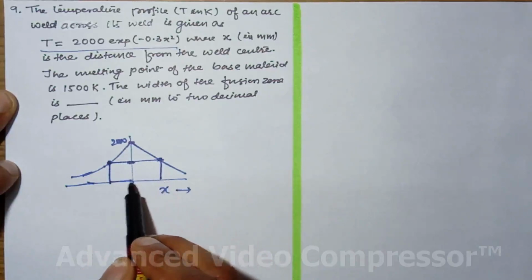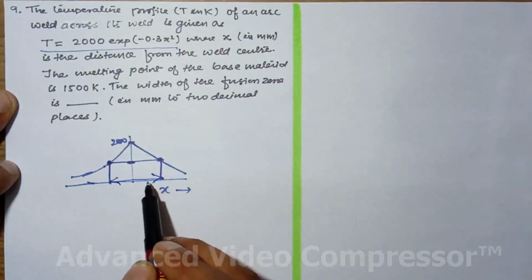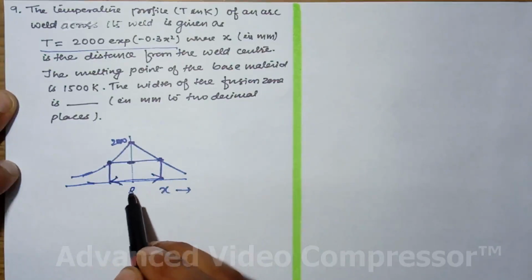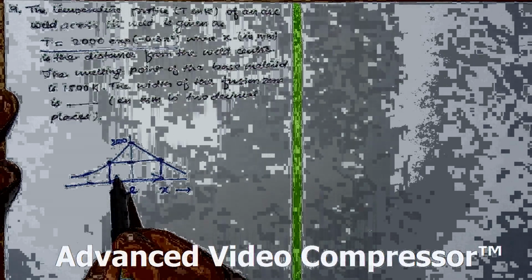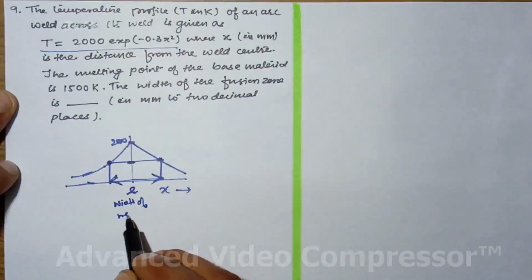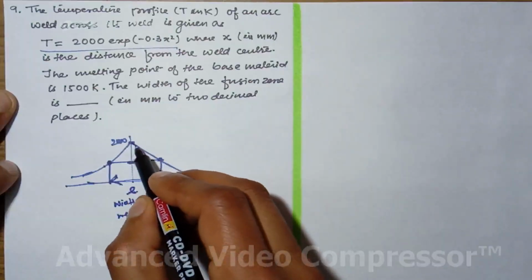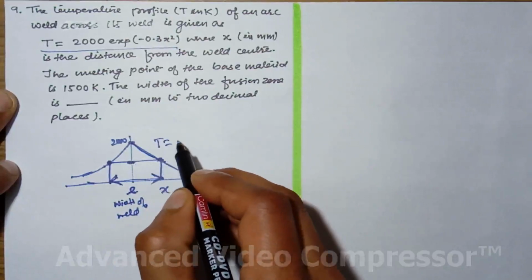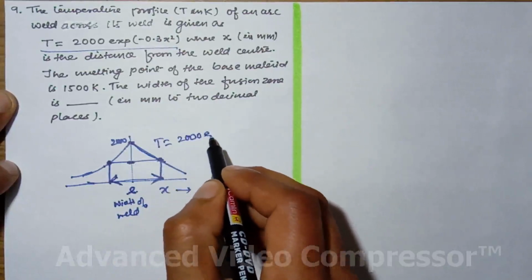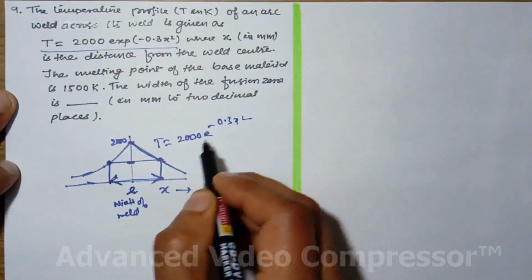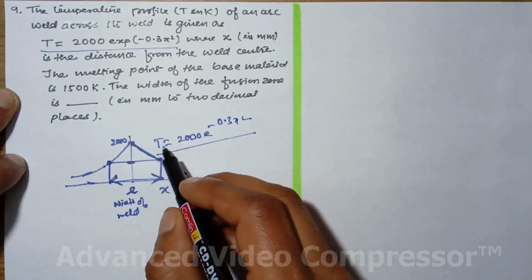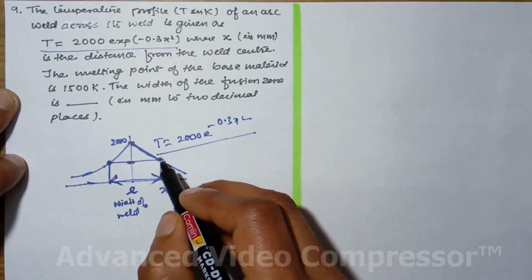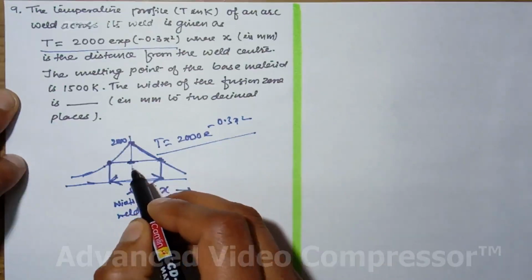So this region is the width of the weld. Now here the expression is given with minus 0.3 x square. So let us find where this function has the value of the melting point, which is 1500 Kelvin. Okay, so let us put this value.